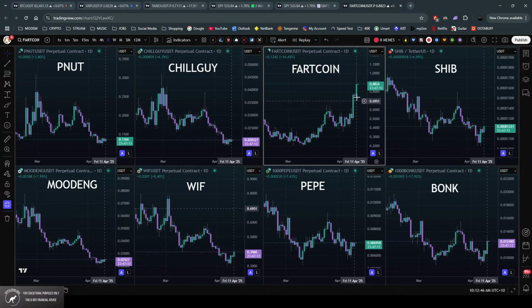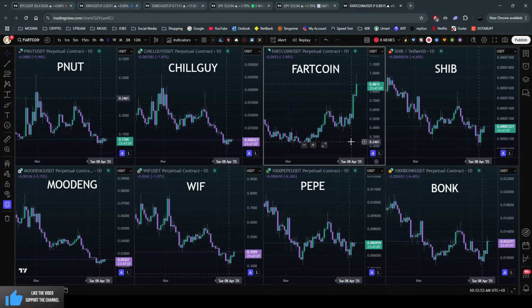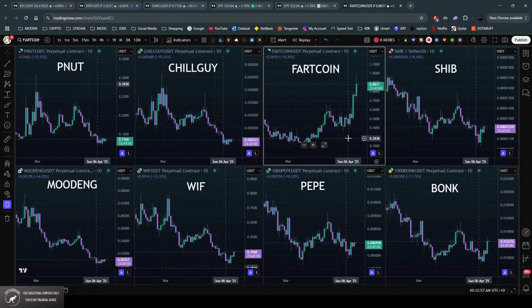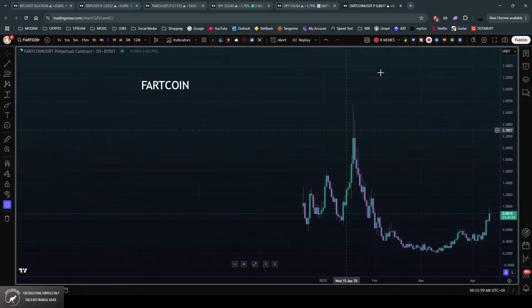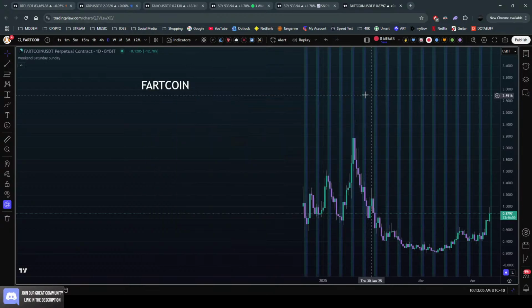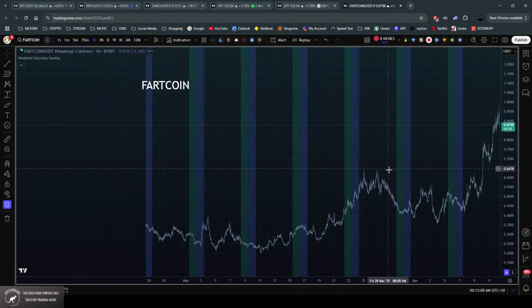Let's see if Fartcoin can keep the momentum for Saturday. How does it treat Saturdays, by the way? Let's go full screen Fartcoin and turn on the weekend indicator, and just look at what tends to happen on the weekends.